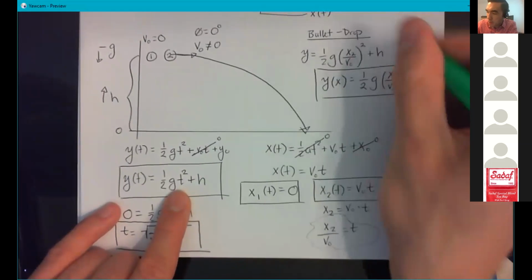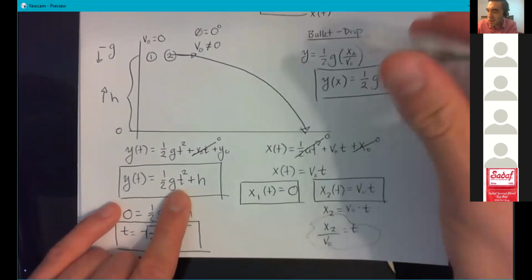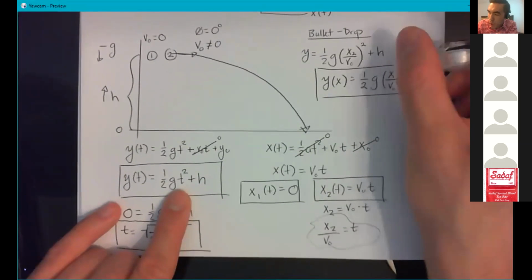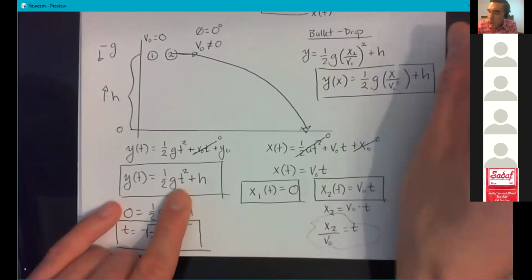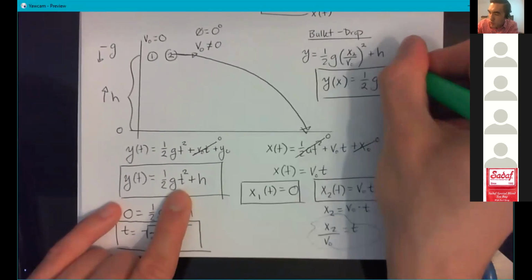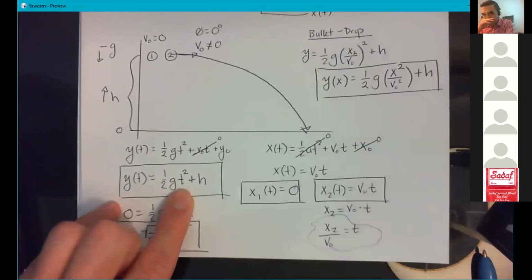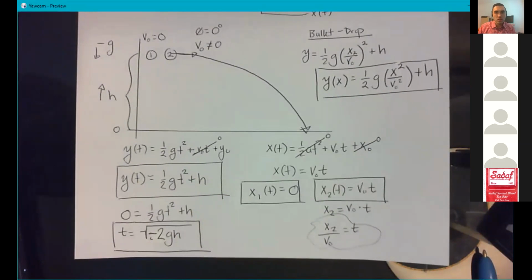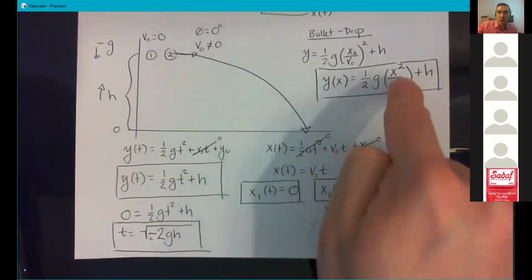This is our parametric solution to what is the exact shape of this trajectory. This tells us not how y changes over time, but how y changes as a function of x. Is this okay? Yep.